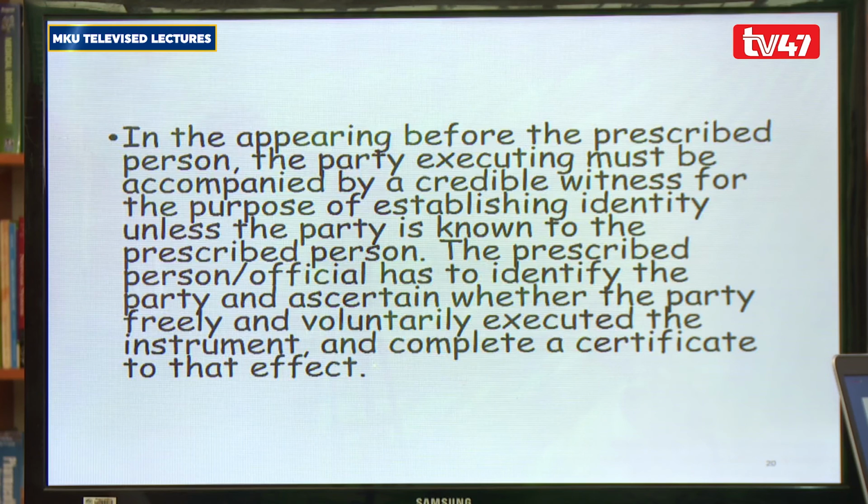In conclusion, what is important is that the conveyancing advocate must properly advise the parties for purposes of negotiation. The conveyancing advocate must understand the importance of having a properly drafted agreement.